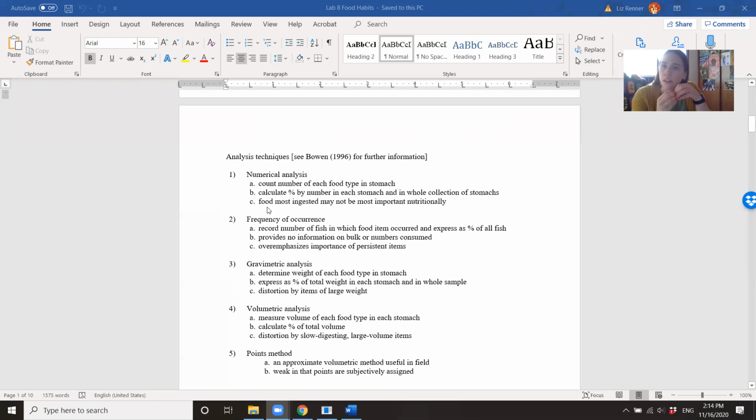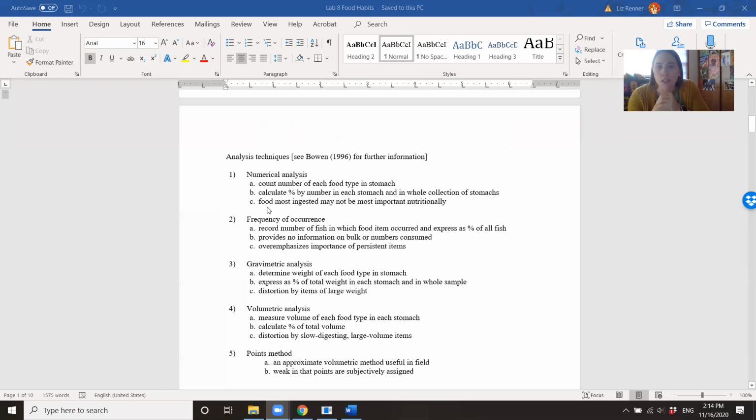The bulk would be just like the volume, the mass and the areal volume taken up by the food items consumed, whereas the number representation would be like, let's say there were 7 whole mayflies we were able to differentiate in one stomach, and in another stomach they had 30 mayflies of different sizes. But those two stomachs also have different volumes of mayflies in their stomach.